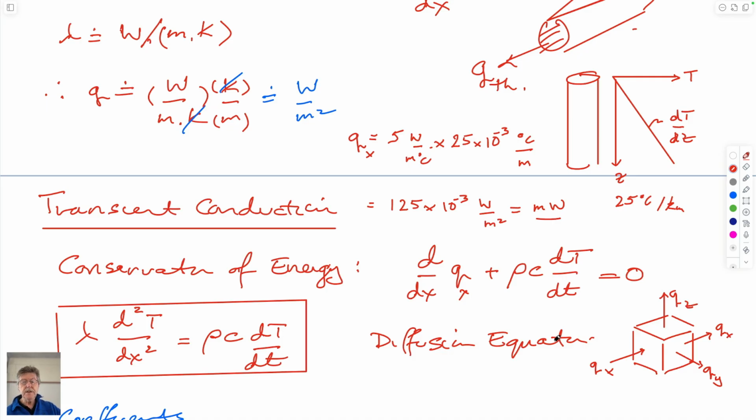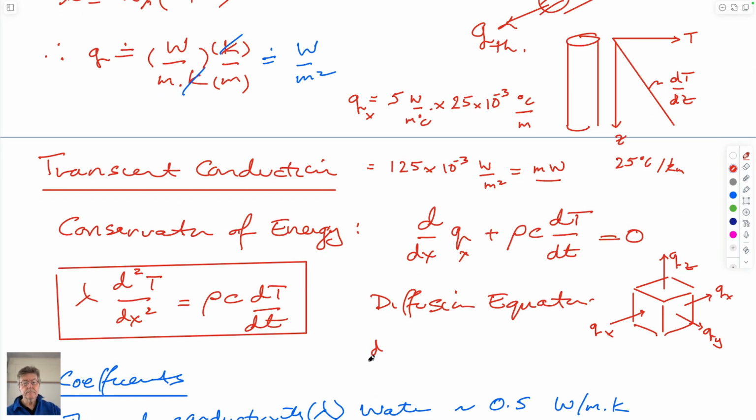And the statement of conservation, that the energy that you put in here has to come out of the system either on one of these faces, is merely that d/dx plus d/dy plus d/dz multiplied by the flux in each of those directions has to equal 0.